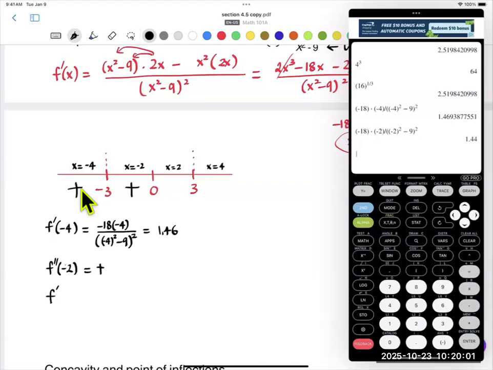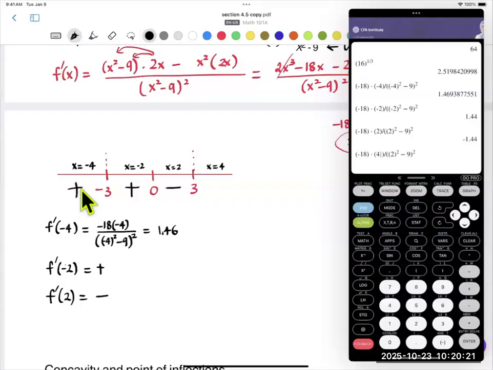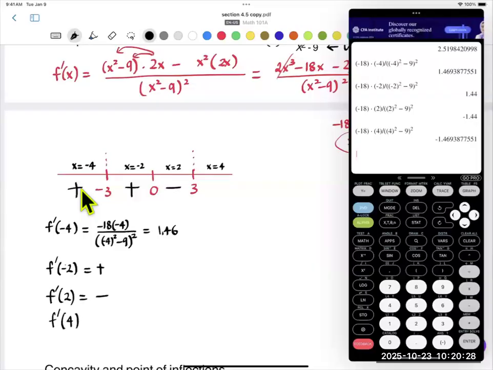And then f prime of 2, I'm gonna change every number to 2. And then that will be negative 1.44, so that's a negative. And then at 4 as well, so 4 and then 4. And we also have a negative value. So f prime of 4 is also a negative.